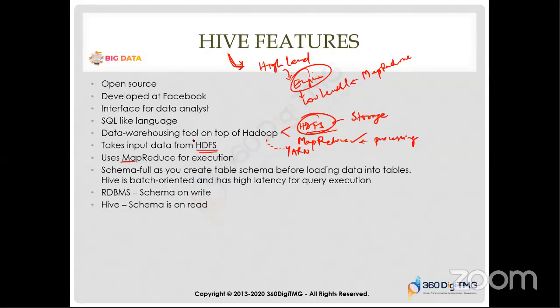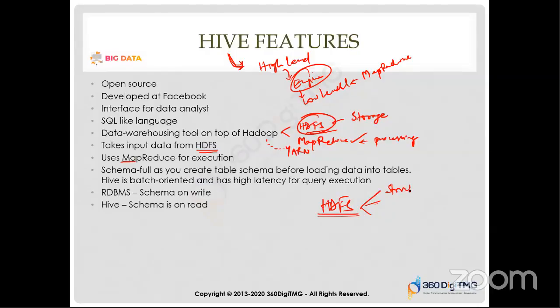It's schema full. As we create a table in Hive, right, the schemas will get created. We have to create the schema. Okay, that means on HDFS, which is a big data storage component, I can have different varieties of the data.